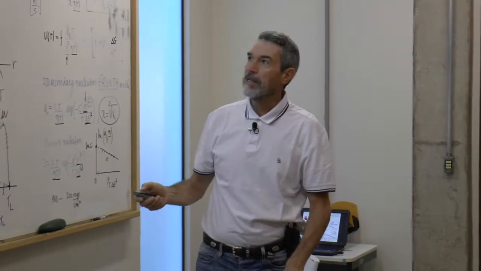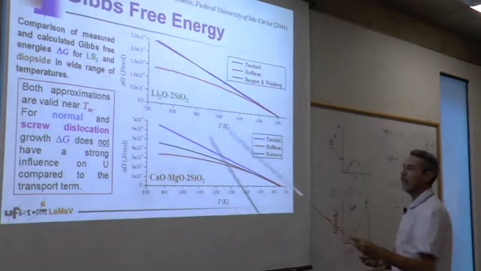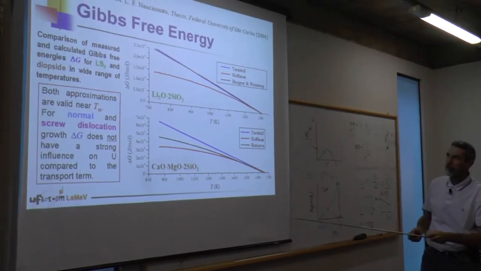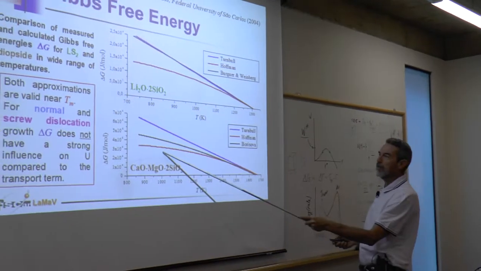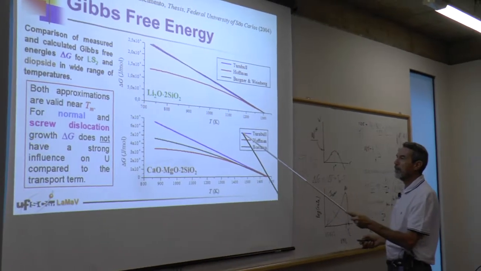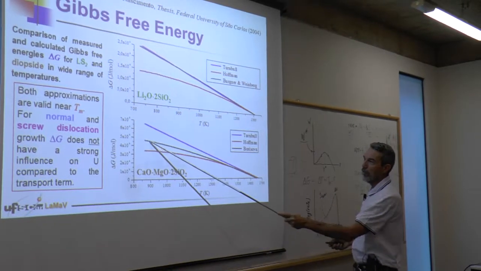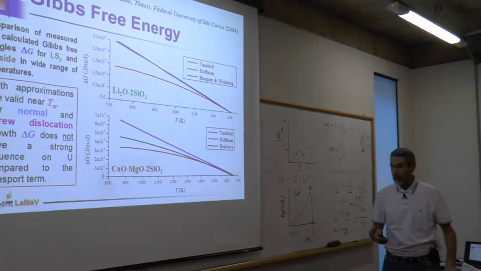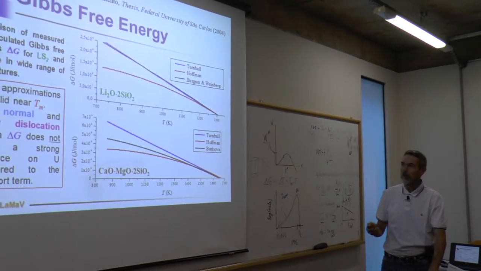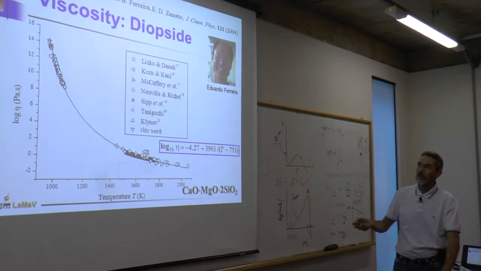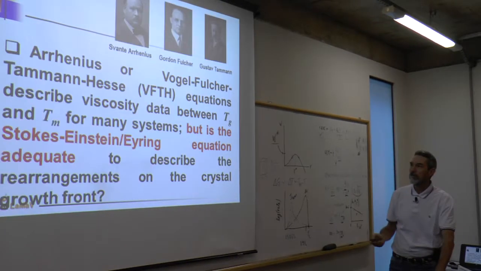Of course, to test these models, you need the Gibbs free energy as a function of temperature for your system. You can either use one of the approximations, like the Hoffman expression or the Turnbull expression, or experimental values, if you have them. So the same that you did for your previous homework. Of course, you need the viscosity, but you already have it for your system.